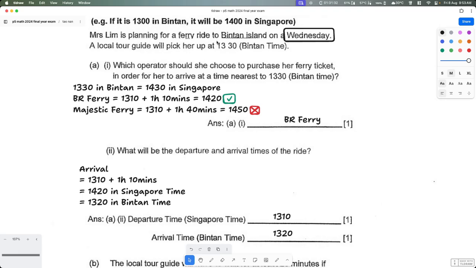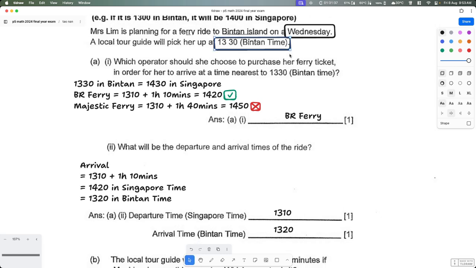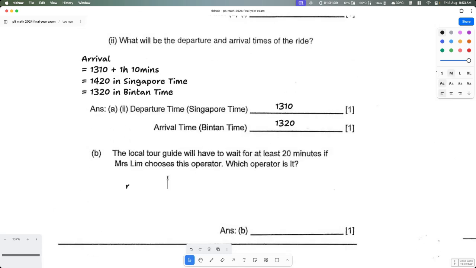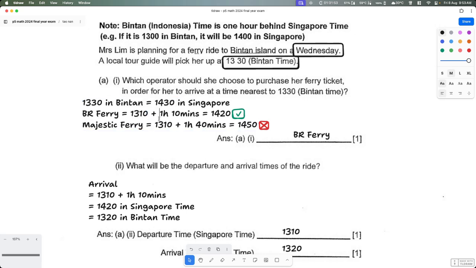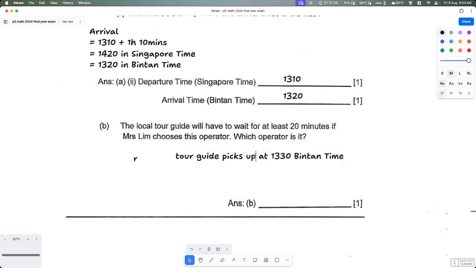So that means in this case, the tour guide picks up at 1:30, so 1330 Bintan time, or 12:30. So you see over here, I think we already also tried.